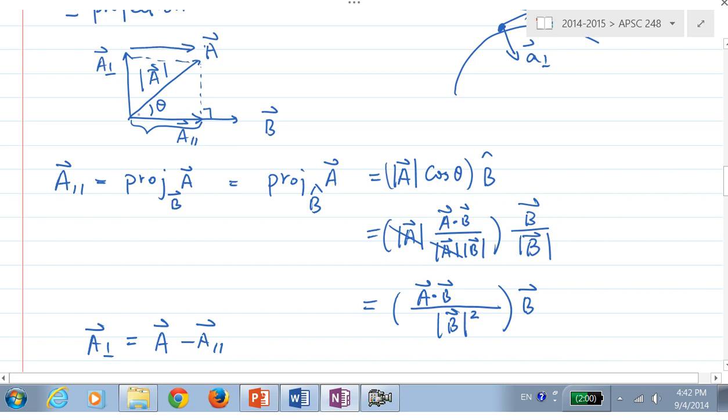The length of this portion is the projection of A in the direction of B. This A parallel is the length times the direction, and the absolute value will give you the length.